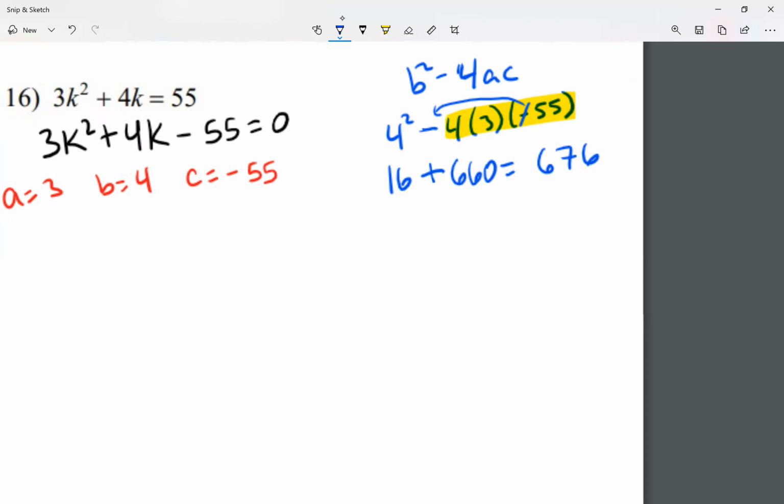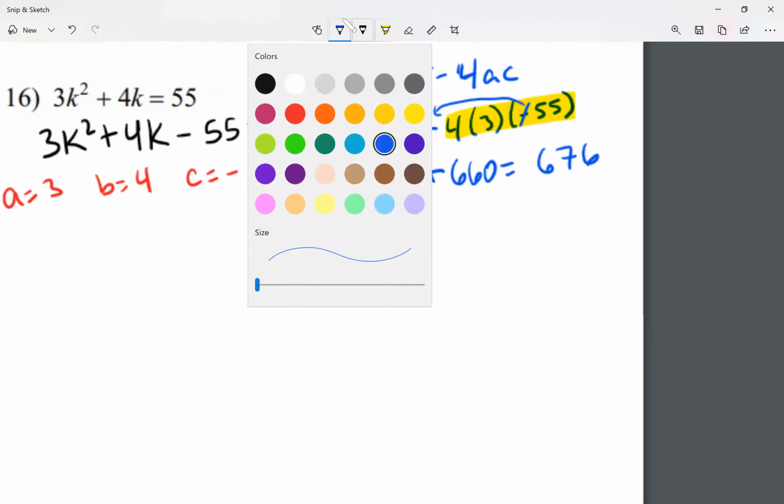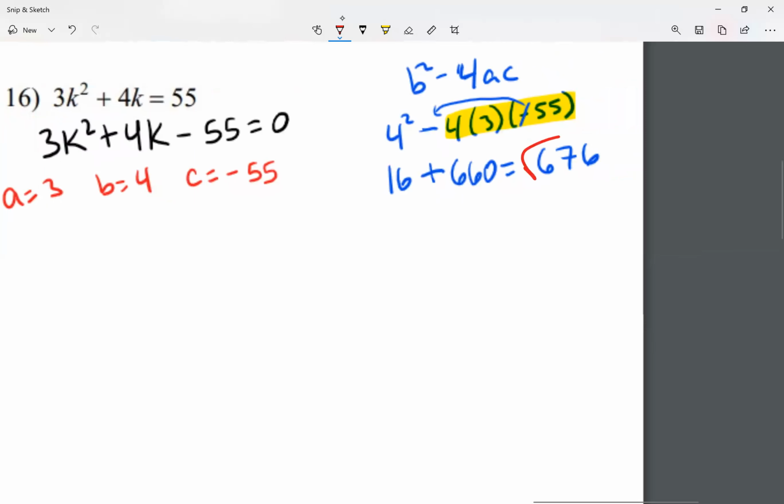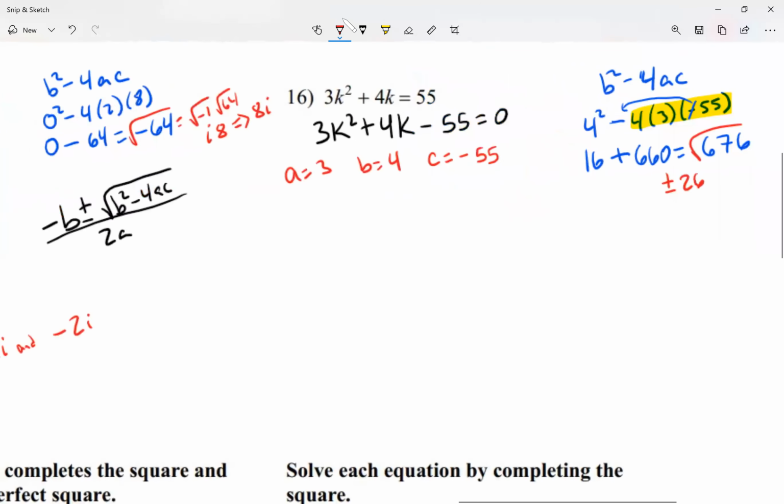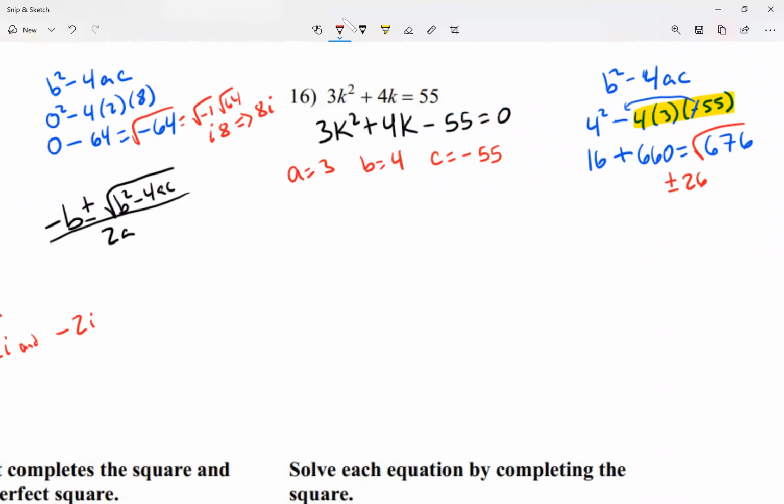Now the square root of 676 is 26. Right, positive or negative 26. Okay, so I did the hard part. Coming back to my formula, negative b, so I'm going to write this as a negative 4 plus or minus 26 over 2 times a, so that's 6.